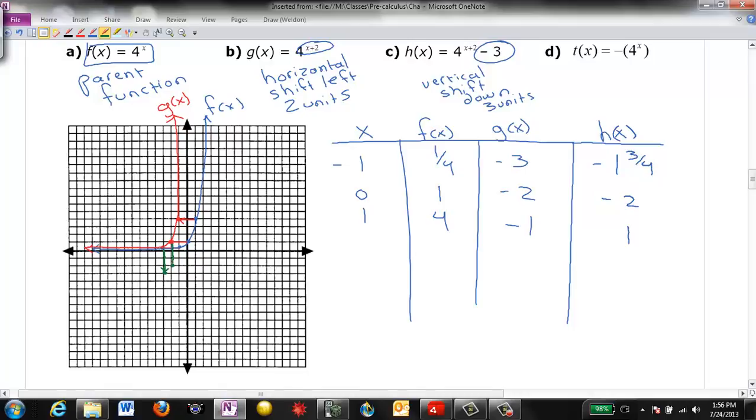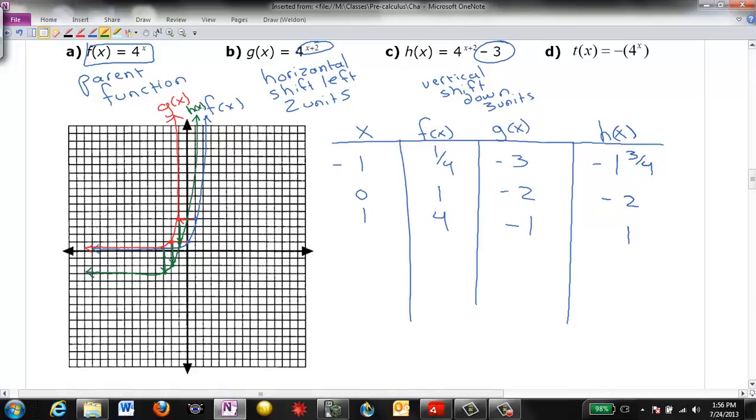This point moves down 3. And so this one, 1, 2, 3, you get a point here. My arrow representing that shift down. And there's my 3 points, and I'm going to draw my smooth curve through those 3 points. And then there we go. We have got h of x.